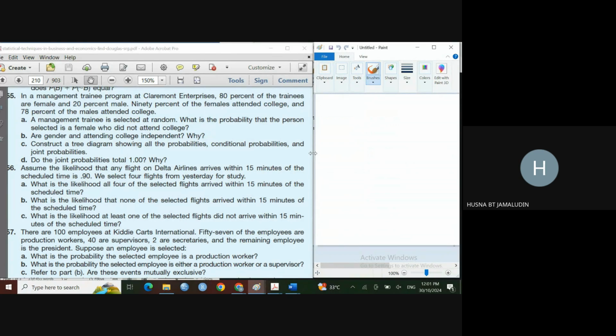So basically, you have two events here. And the second event, which is attended college, depends on the first event. First event is about males or females, right? So it's like gender. And the second event depends on the gender. Because you can see that 90% of the female, you already touched the gender, and then attended college.